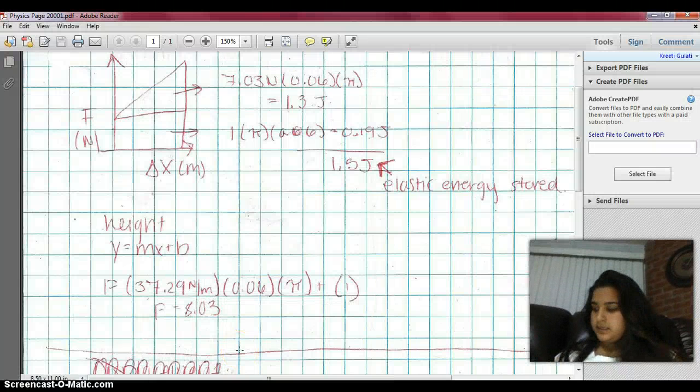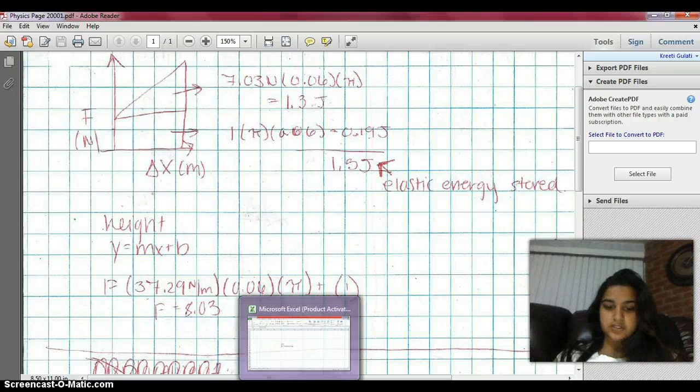So now that we have elastic energy and I've corrected my mistake, let's show you my position versus time.